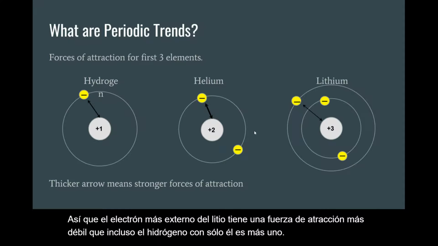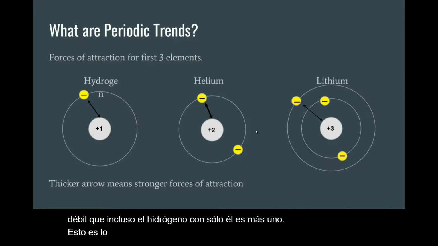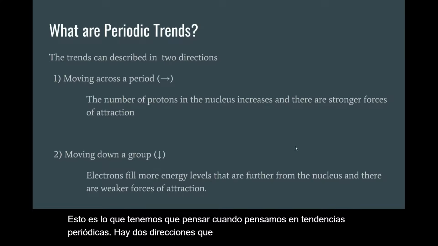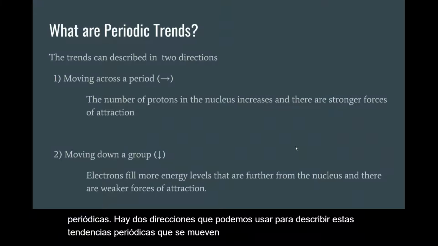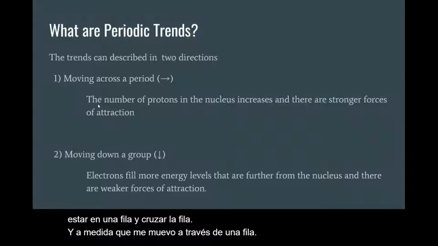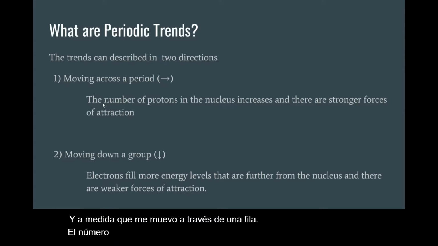Now, this is what we need to think about when we think about periodic trends. There are two directions that we can use to describe these periodic trends. Moving across a period, and that means being in a row and going across the row. As I move across a row, the number of energy levels is staying the same, but the number of protons is increasing.